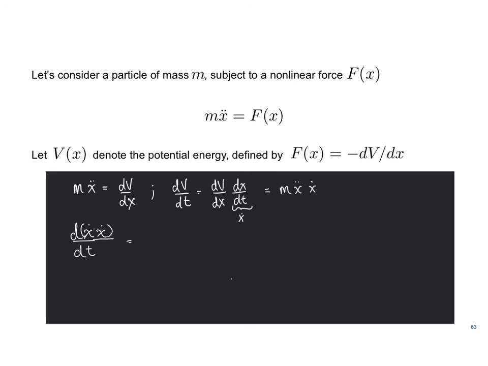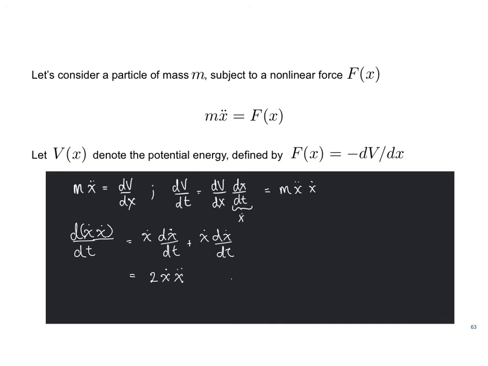You can say that this is equal to x dot times dx dot/dt plus the same thing. This is actually 2 x dot, and this one is nothing but x double dot.